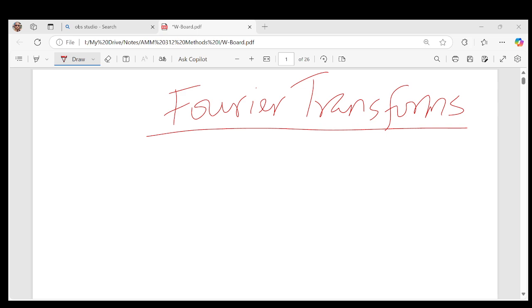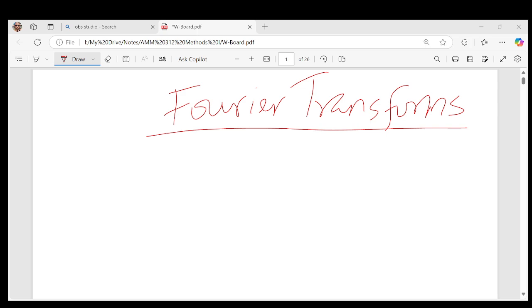MRIs, on the other hand, detect changes in magnetic resonance signals from the body. The frequency information is transformed into spatial information using Fourier transform, and this produces high resolution images of soft tissues.